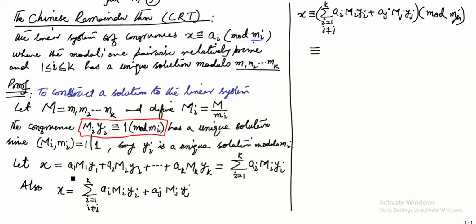Every term here has mi. For example, we are considering Mi when j is not equal to i. And here we have j, so this is exactly mj, and here we have mj.